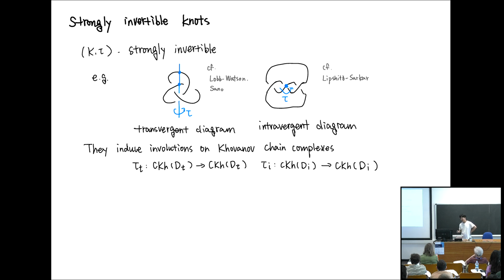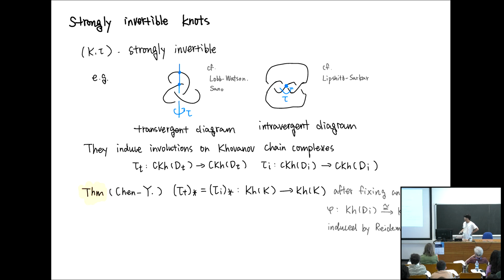They even live on different chain complexes. But if you fix some arbitrary isomorphism between these two Khovanov chain complexes, as long as it's induced by Reidemeister moves, then the conclusion is that the induced maps on Khovanov homology for these two involutions are the same.